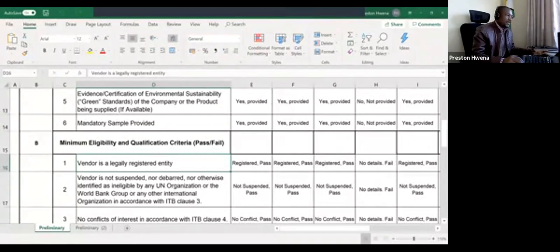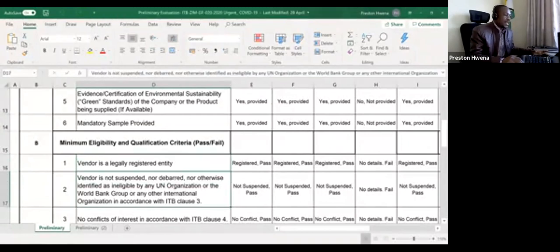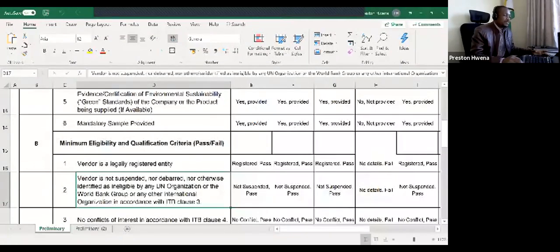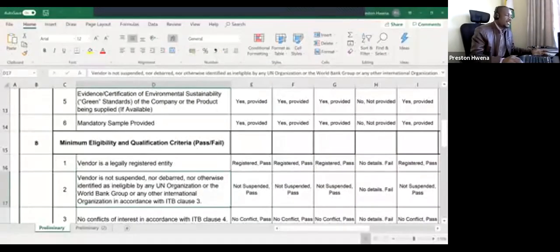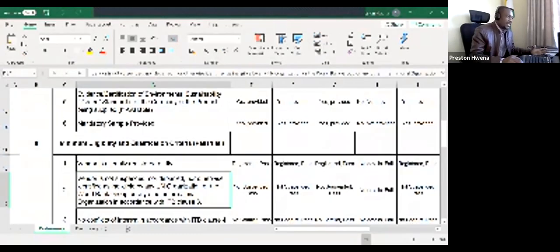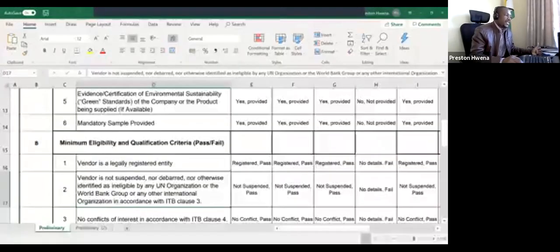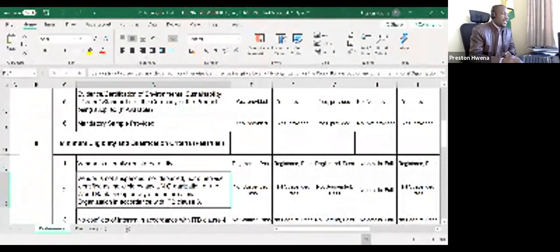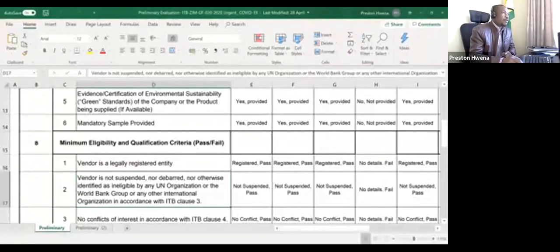Then we're also looking at the vendor not being suspended or debarred, or otherwise identified as ineligible by any UN organization, the World Bank, or other international organization in accordance with clause 3 of the ITB. Here, what we are saying is that possibly as a vendor, you have been involved in some form of malpractices or corrupt practices with any other UN entities, and you have been blacklisted.